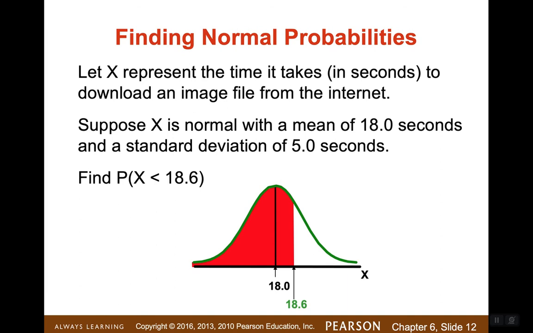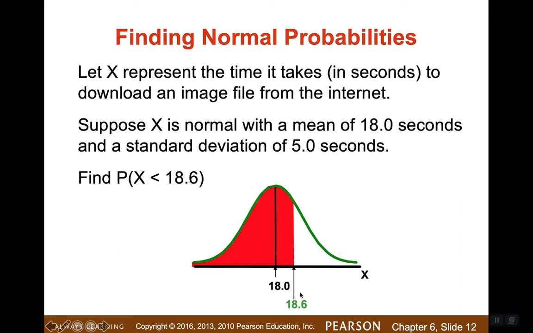All right, so let's take another example. We'll say x is the amount of time it takes to download an image file from the internet. It's just a practical thing, and we say x is normally distributed. The mean is 18.